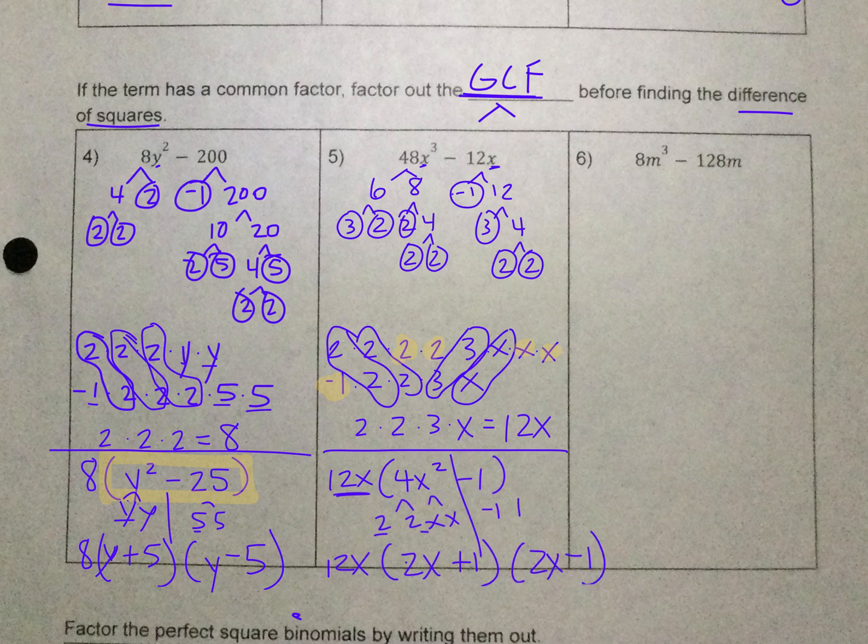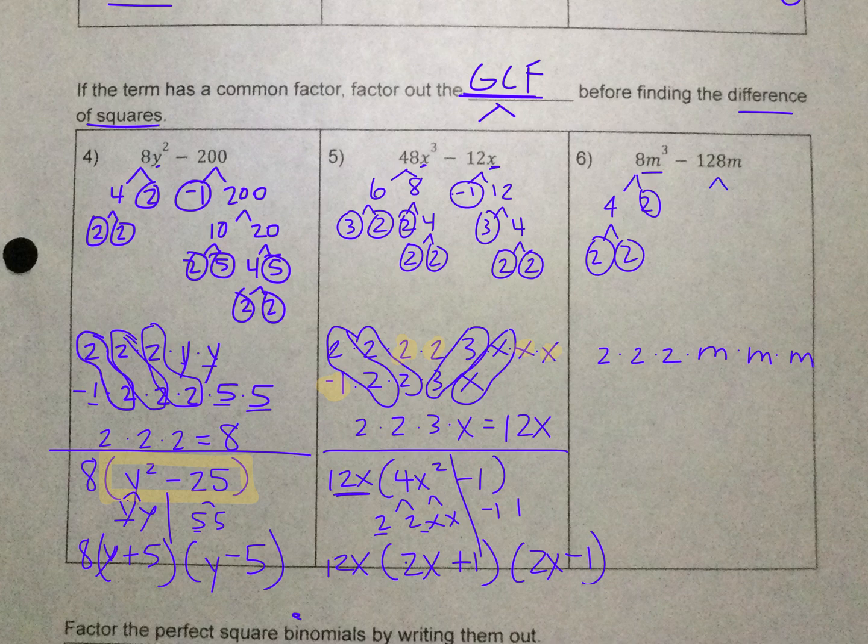All right, let's do this one. 8 is a 4 and a 2. 4 is a 2 and a 2. So now I have 2 times 2 times 2, which says I've got 3 m's... I mean 3 twos: 1, 2, 3.